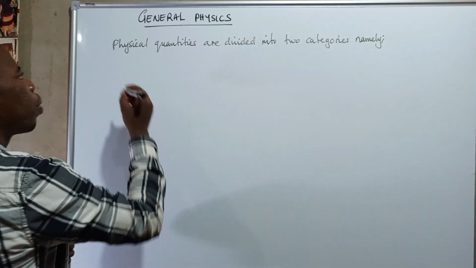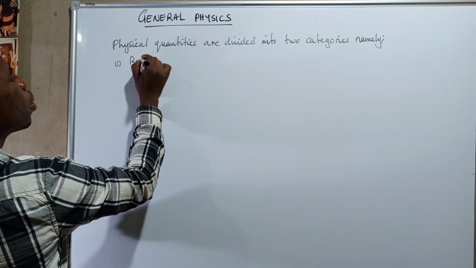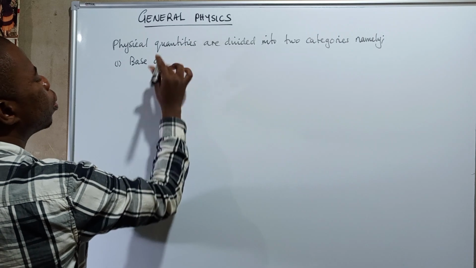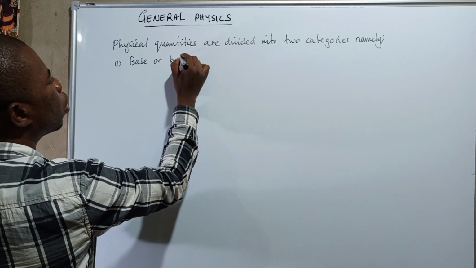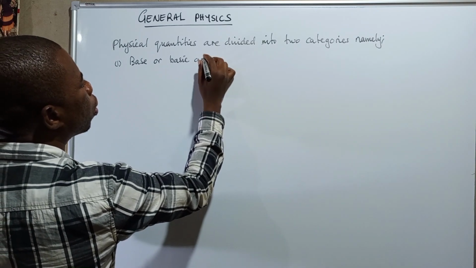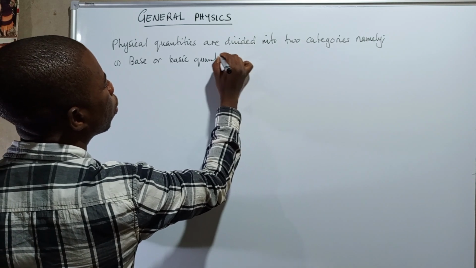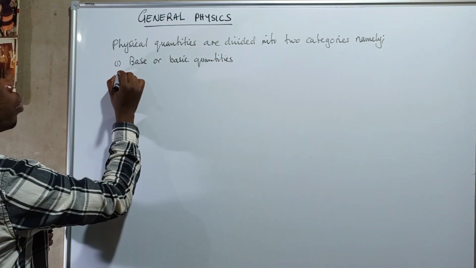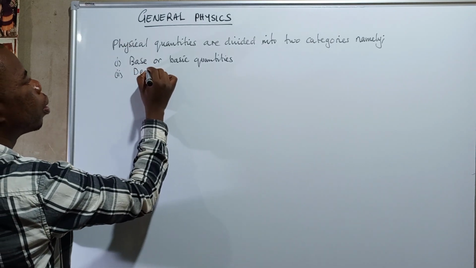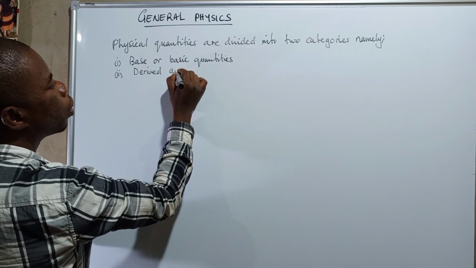So we have category number one, we can call it base or basic quantities. Then category number two, we call it derived quantities.